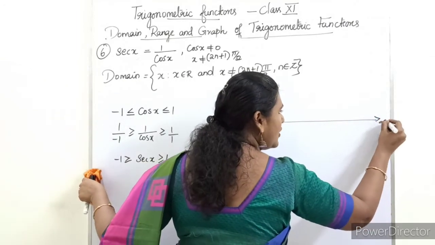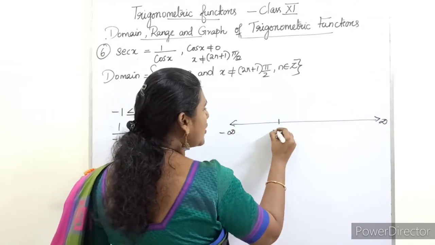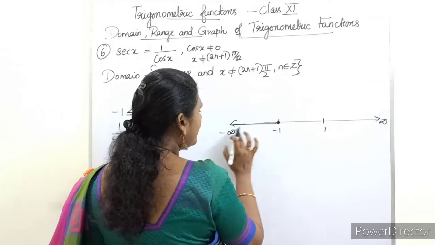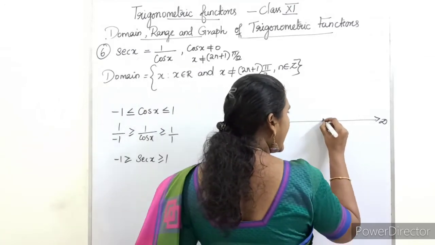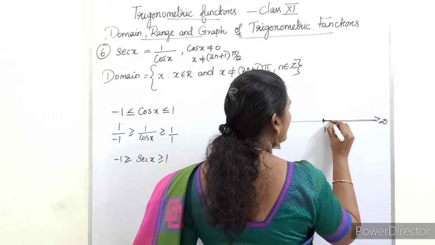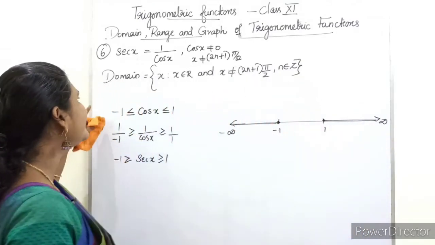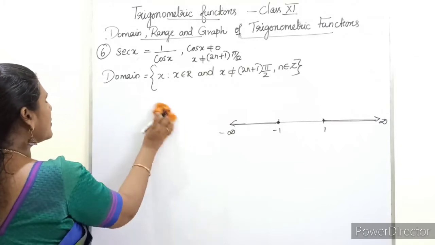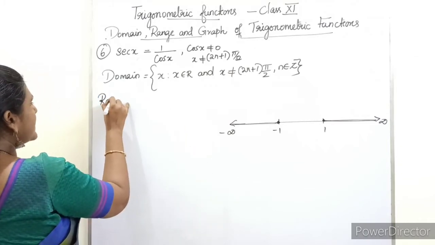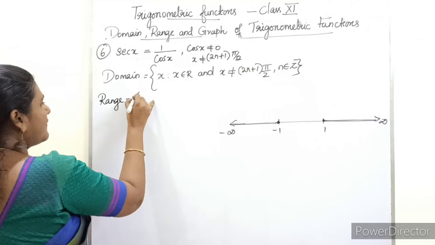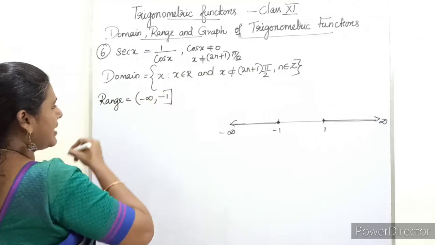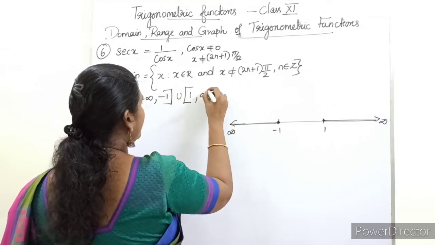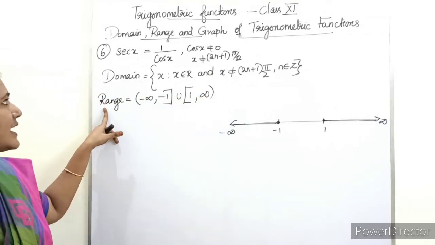You will get the same interval here also, from minus infinity to minus 1 and from 1 to infinity. The union of these two intervals will be the range of sec x. So the range of sec x is from minus infinity to minus 1, union the closed interval 1 to infinity.